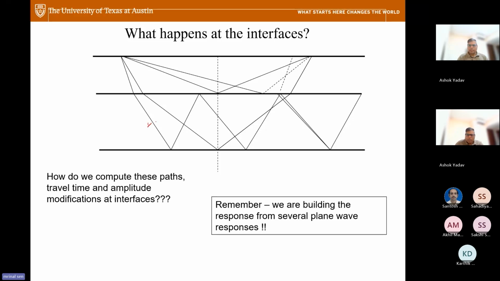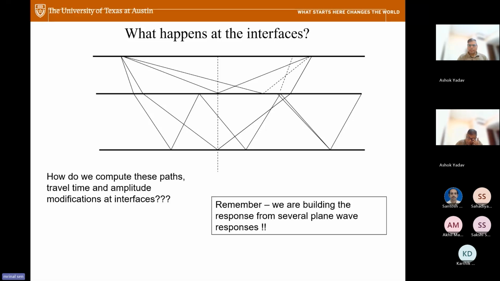So if we know the response of each one of these, we sum those up, and that gives us the total response. Kennett's algorithm allows you to not have to count all the ray paths, and still it includes the full response. At the same time, if you wish, it can let you break it up into different paths. And I'll talk about that in the next class.